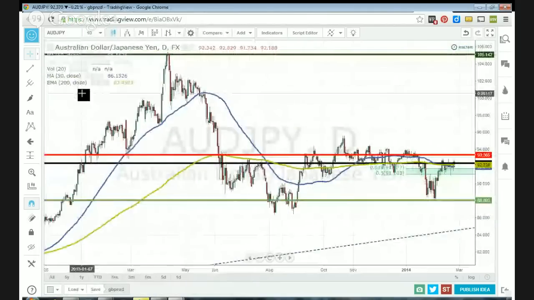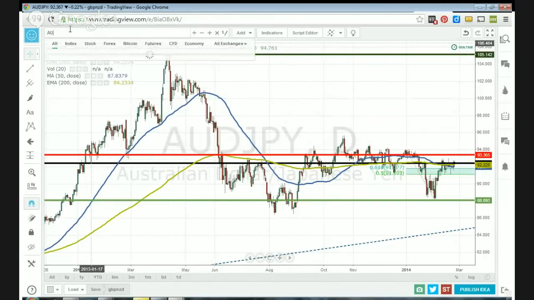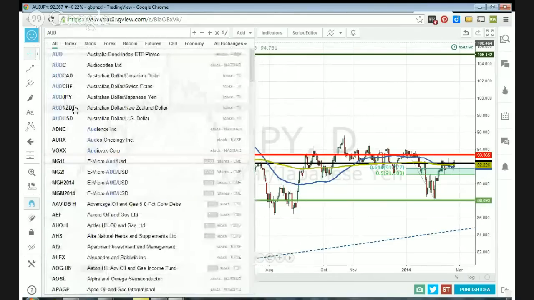Aussie yen. Yeah, this is, well, we talked about this. I'm short. I'm in this short trade, and I got to stop here. Nothing else to do at the moment. Aussie Kiwi.